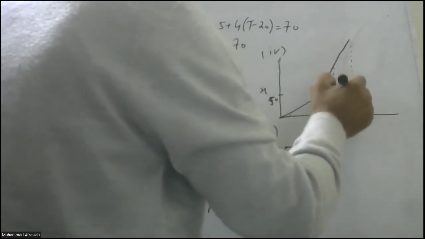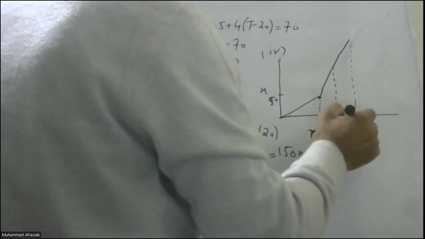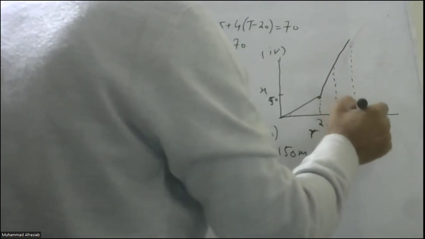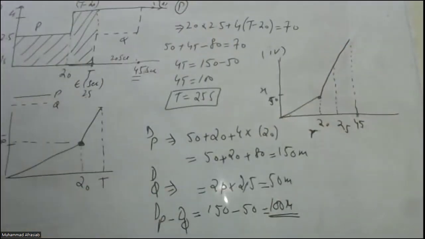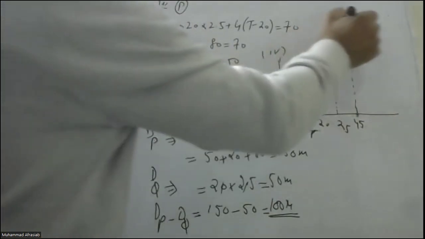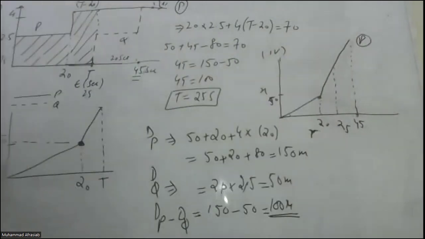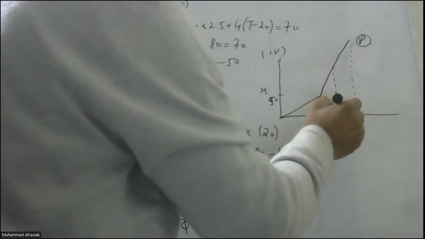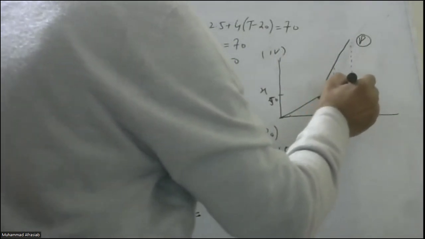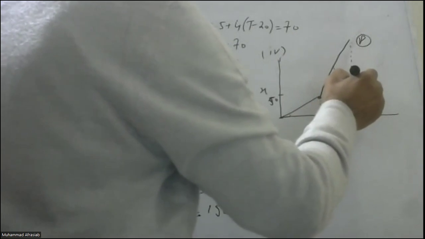So this is 25, and let's say that is 45. This is the distance traveled by particle P. Since Q is going to start after 25 seconds, first it will move like this, and then it becomes parallel to this slope.